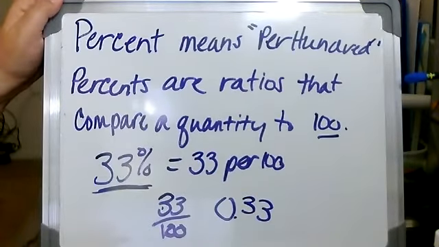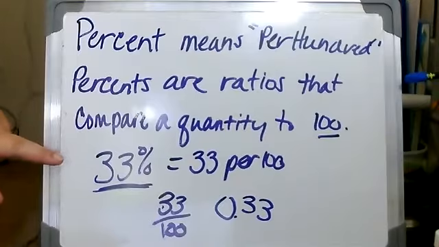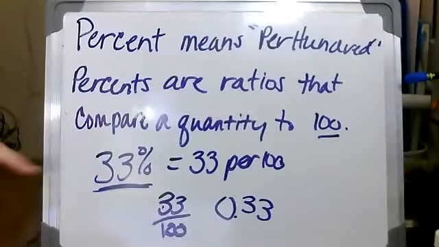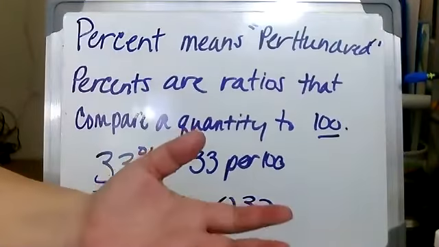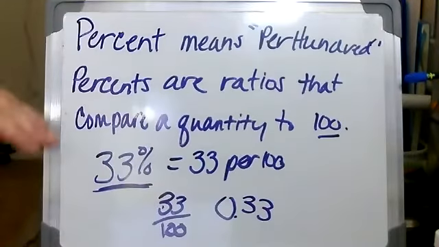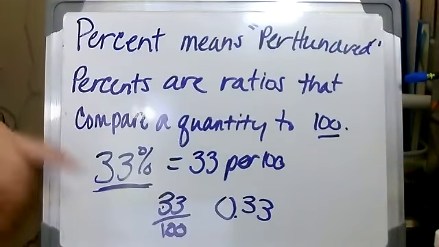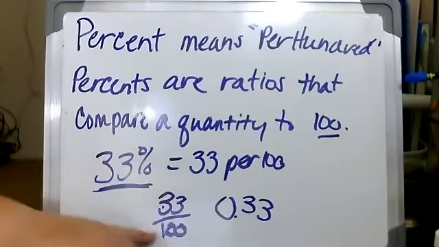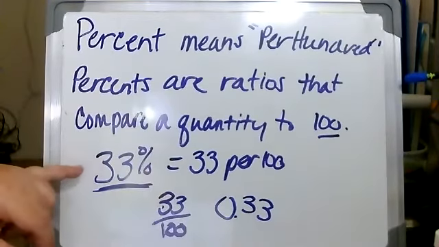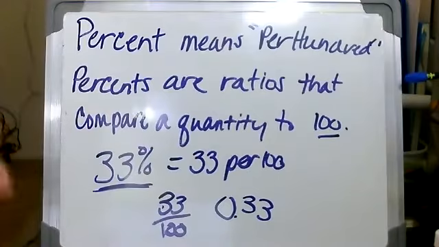Okay, so just like any decimal number can be written as a fraction, any fraction can be written as a decimal. This is also true of percentages. Percentages can be written as fractions or decimals. So these are all kind of interchangeable. You just have to figure out how they all work.